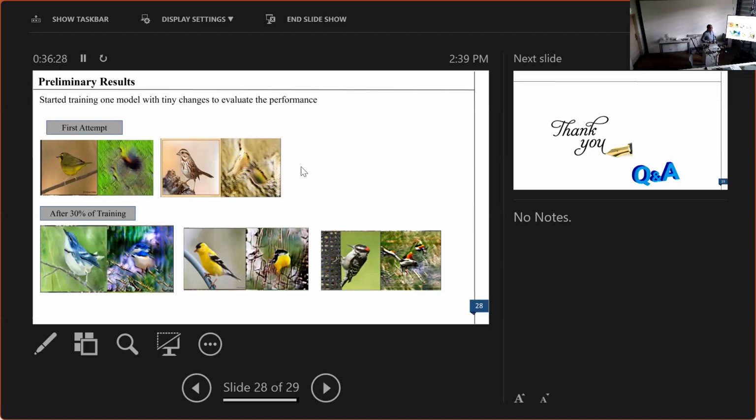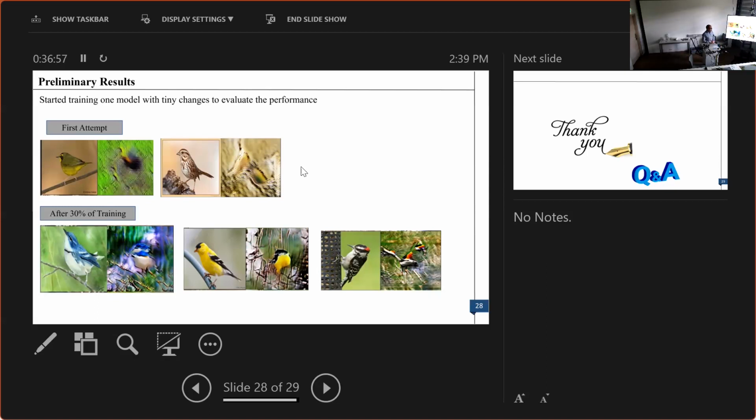As we can see here in the first epochs, this one is the real one, but the generator is trying to create a bird which is close to that one. So this one is at the first epoch, and after several epochs, we have some improved images here.